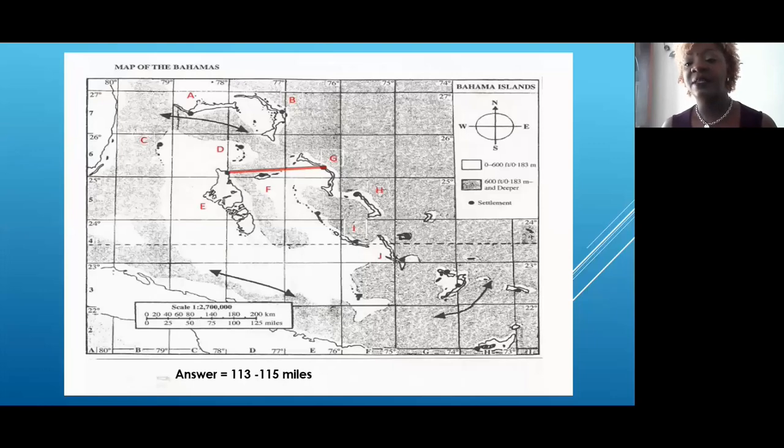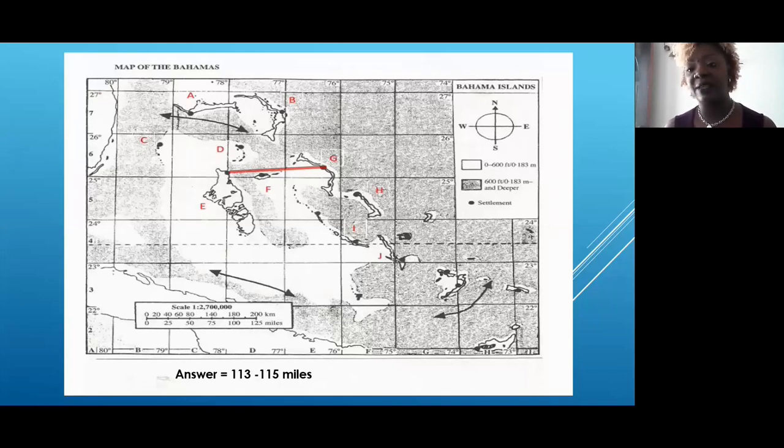The answer should be 113 to 115 miles, right? And now you might say, Ms. Moncur, well, why do you have two answers? Well, because we're giving an estimate. Remember, an estimate doesn't necessarily mean one digit or one answer.